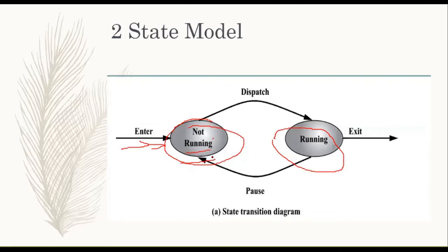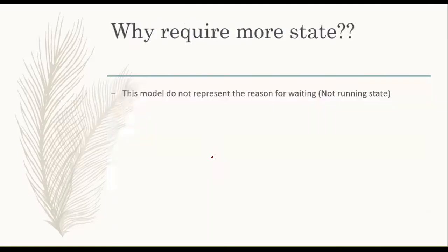Then we also picked why we require more states. Is this two-state model more than sufficient? Then we picked that no, it is not sufficient, because this model does not represent the reason for waiting. Many things get combined into one specific state.